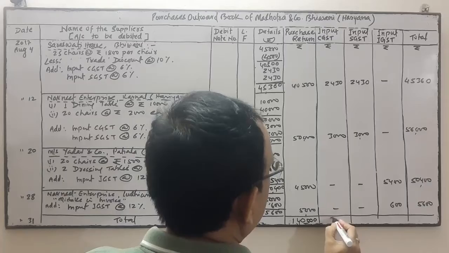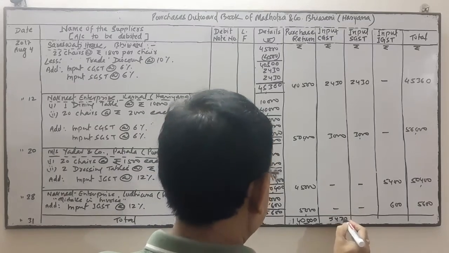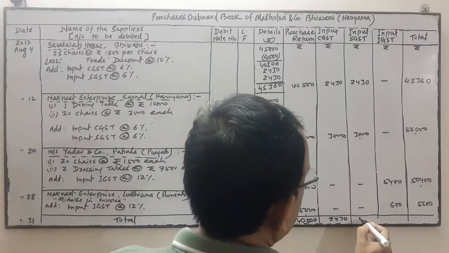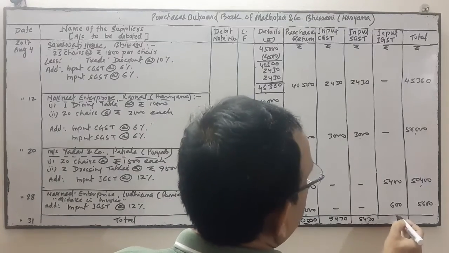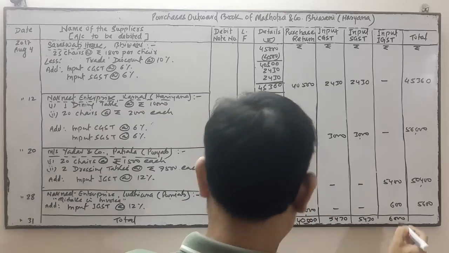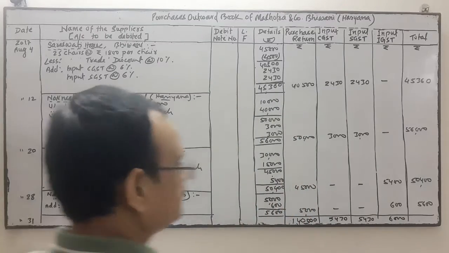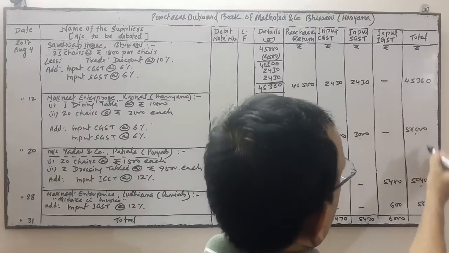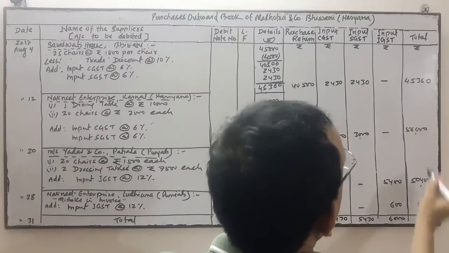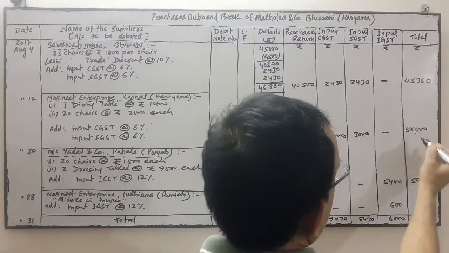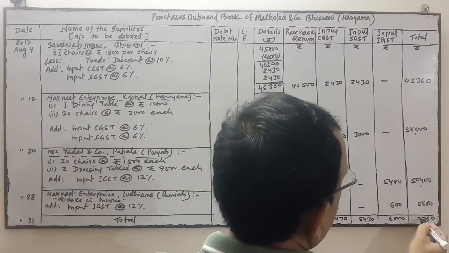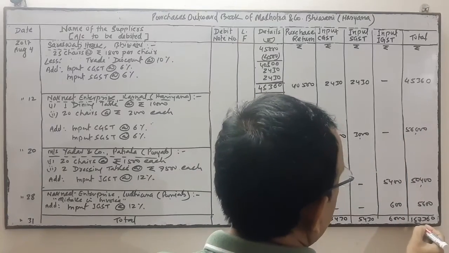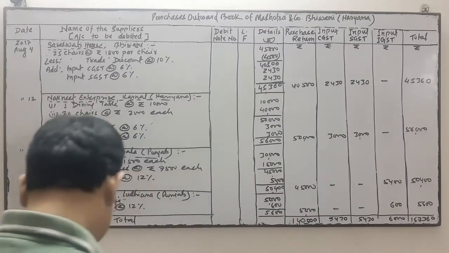Here it is 5,430, here it is 5,430, here it is 6,000, and here the total is 1,57,360.